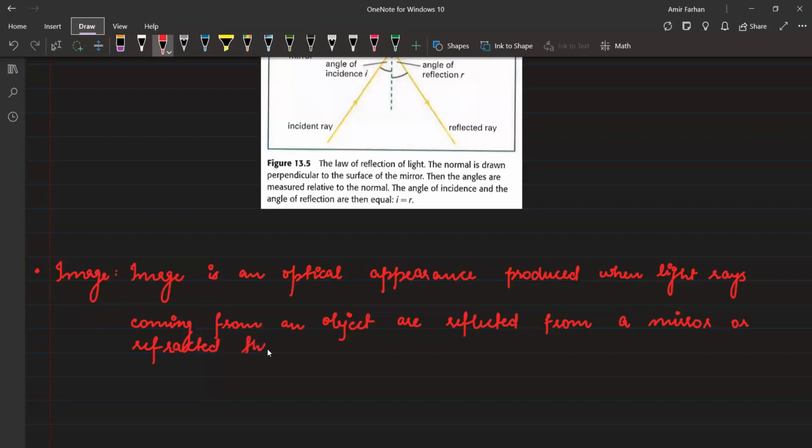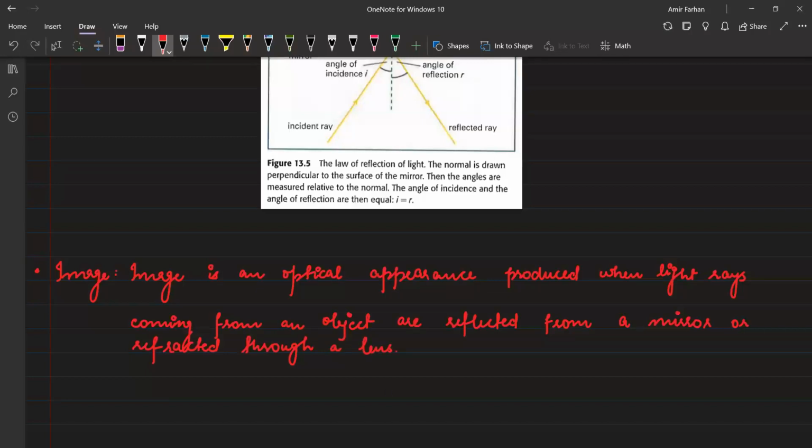Image also forms by lenses. If you wear specs or glasses, an image is also forming. But images formed by lenses are through refraction.